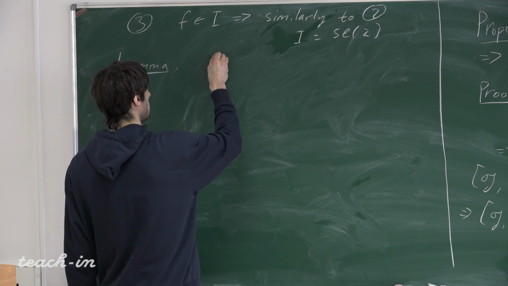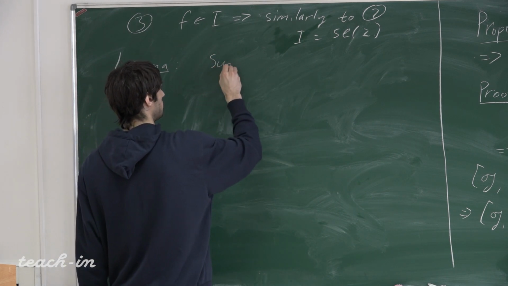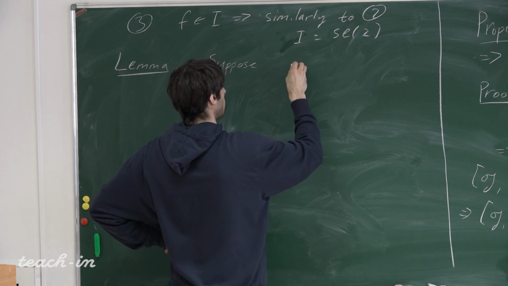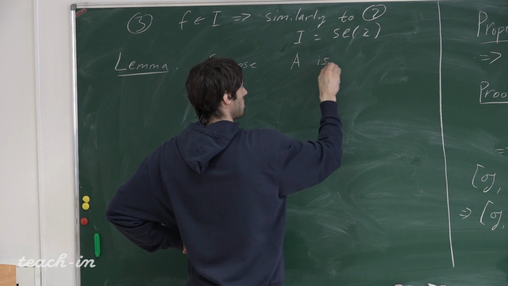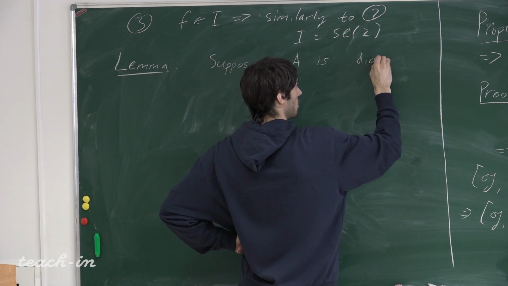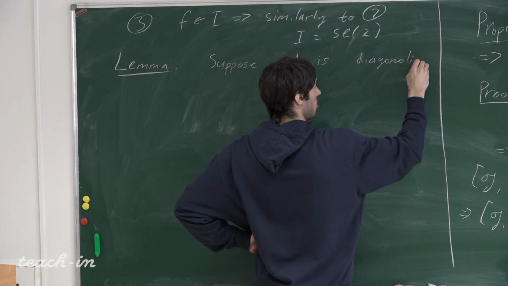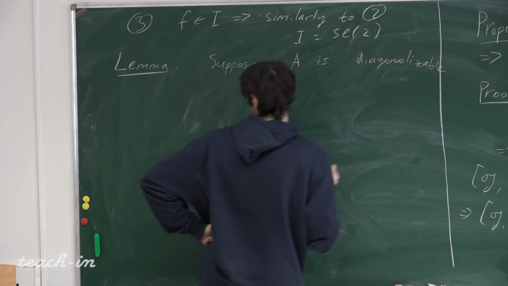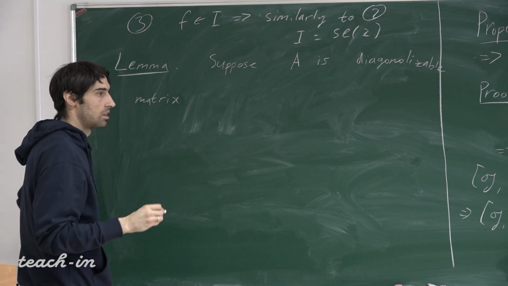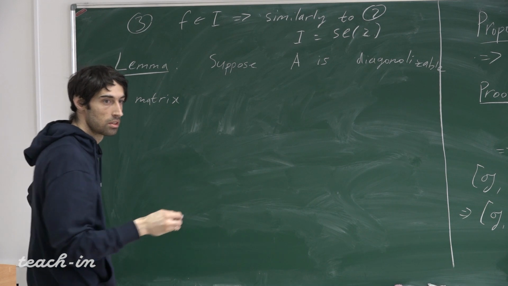So suppose A is a diagonalizable matrix with different eigenvalues.